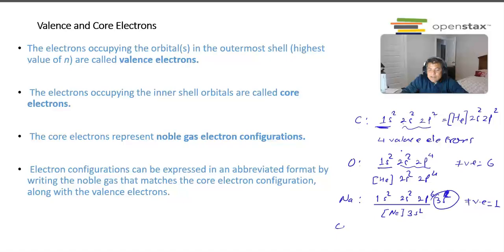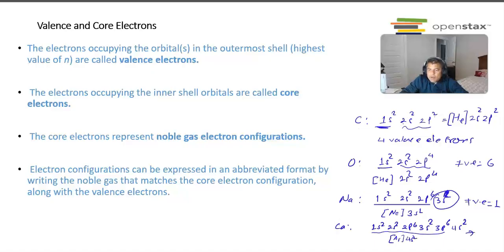Similarly calcium: 1s2, 2s2, 2p6, 3s2, 3p6, 4s2. This is the calcium electron configuration, right? So 10, 12, 18, 20. But this is the argon up to 3p6, 18. This is argon and 4s2.